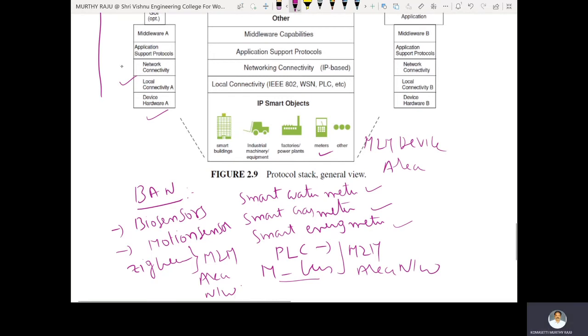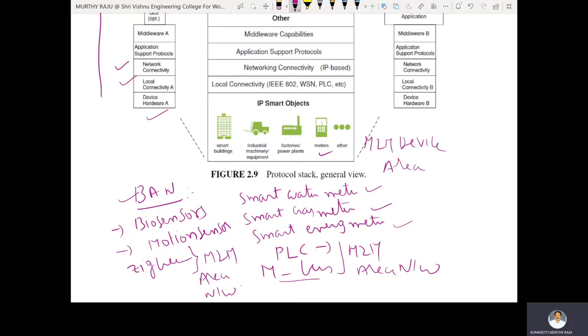Next, coming to network connectivity. What is meant by network connectivity? Consider any application, here consider a body area network. In that, the device hardware, the M2M devices, are sensors: biosensors and motion sensors.